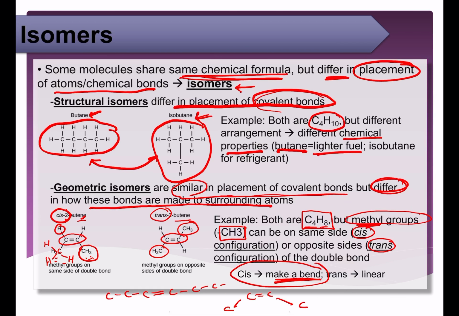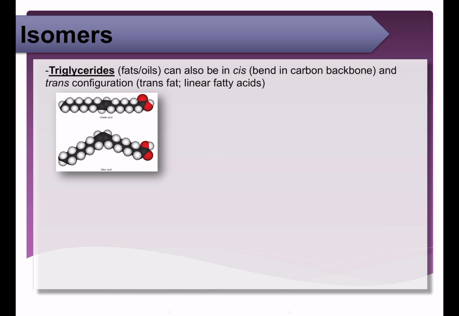Instead of a linear molecule like this, it creates some kind of a bend in the molecule itself. Whereas trans, when it looks like this, there's that double bond C, but it exists as more of a linear-like molecule. Okay, which gives us the idea or the concept of unsaturated fat versus saturated fat.